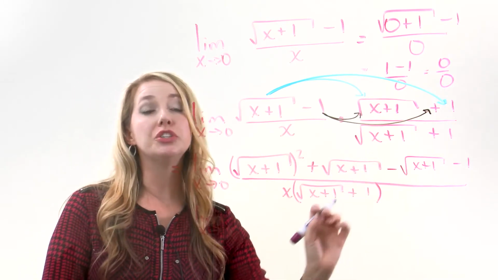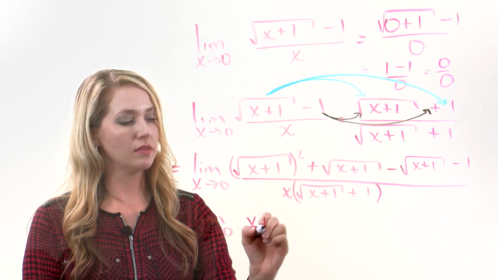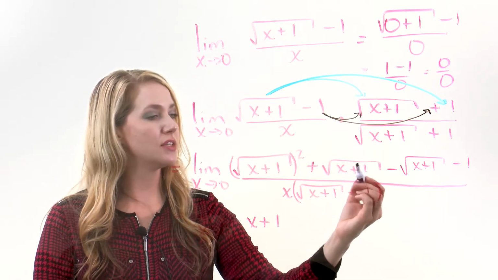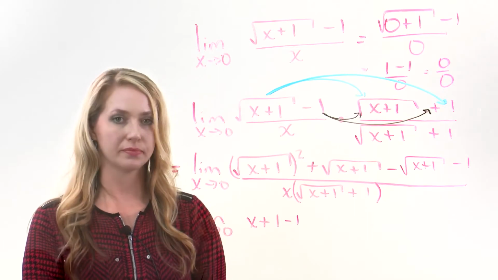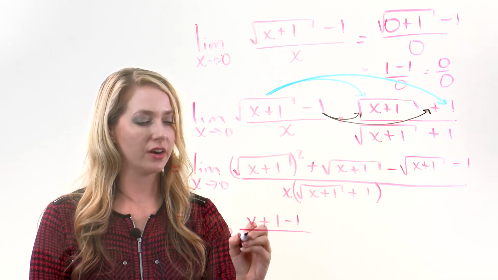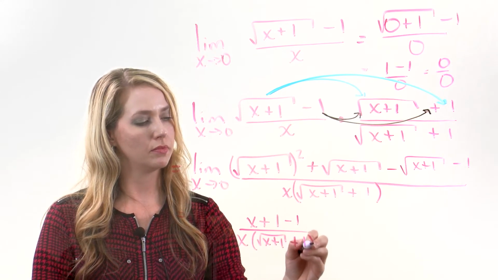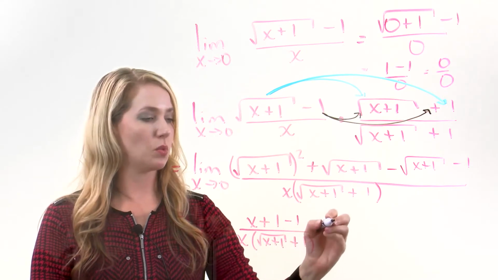So let me reduce the numerator. If I square the square root of x plus 1, I get x plus 1. And if I subtract these two, they cancel out. And I have a minus 1 here. The denominator remains unchanged. You'll notice that the 1 and the minus 1 cancel out.